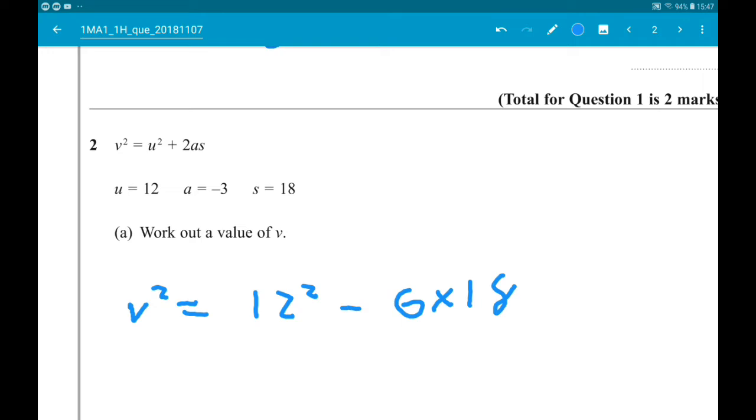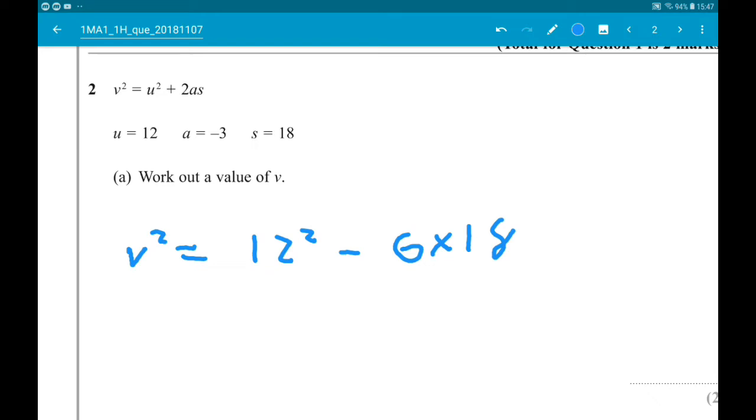Okay, now then, 12 squared is 144. Now 6 times 18, well 6 times 10 is 60, 6 times 8 is 48, so that's going to be minus 108.